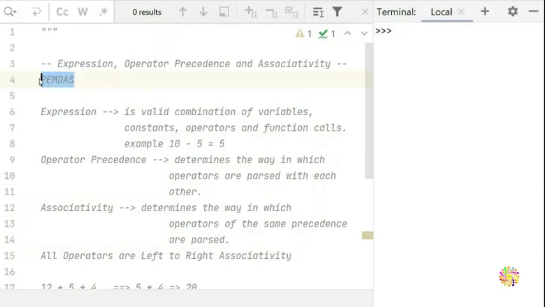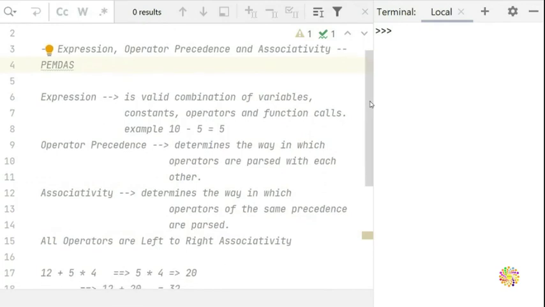So that's in order. Computers follow the same method. Python is exactly like that: parentheses, exponents, multiplication, division, addition, and subtraction.